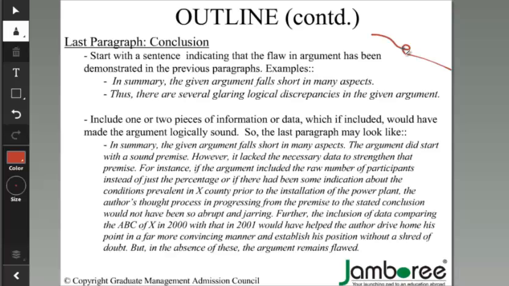So you need to provide some remedies also, and that is definitely a 0.5 increase in your score, and that can be the difference between a 4 and a 4.5, right?